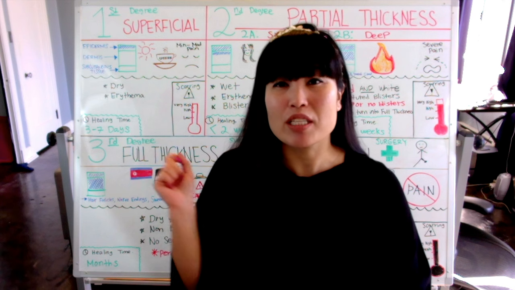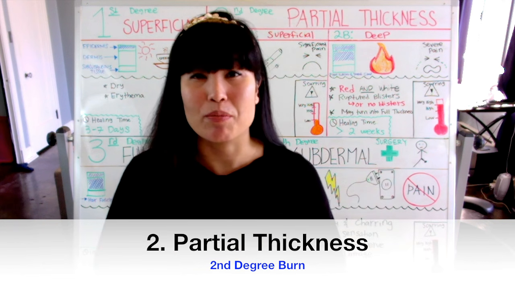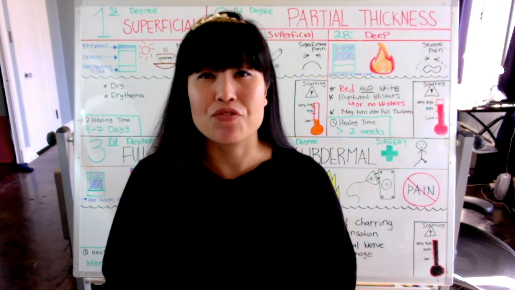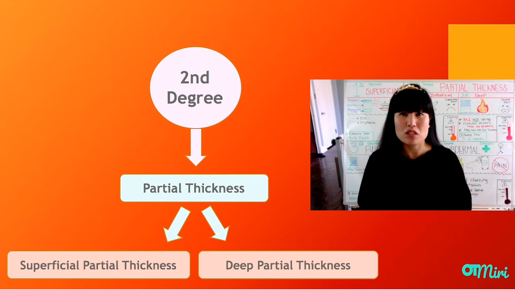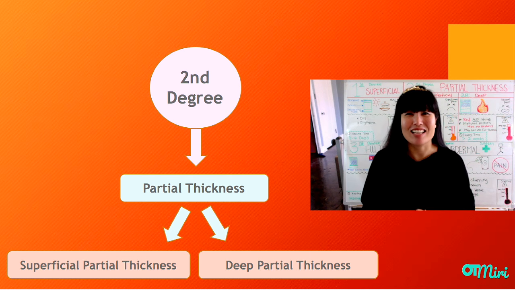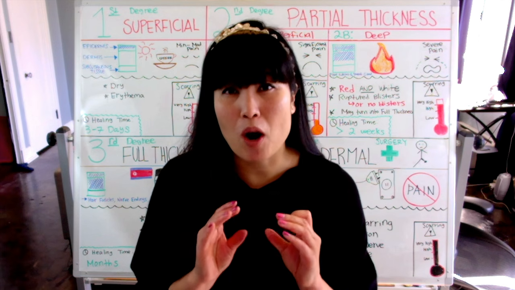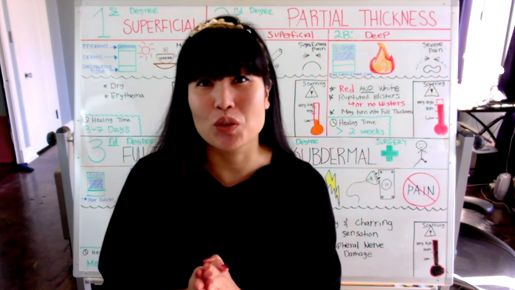Okay, so let's move on to a partial thickness burn. This is a second-degree burn. And for this one, it is further subdivided into 2 subcategories, which are the superficial partial thickness and the deep partial thickness. To understand a second-degree partial thickness burn, you need to know that the word partial is actually referring to the dermis.